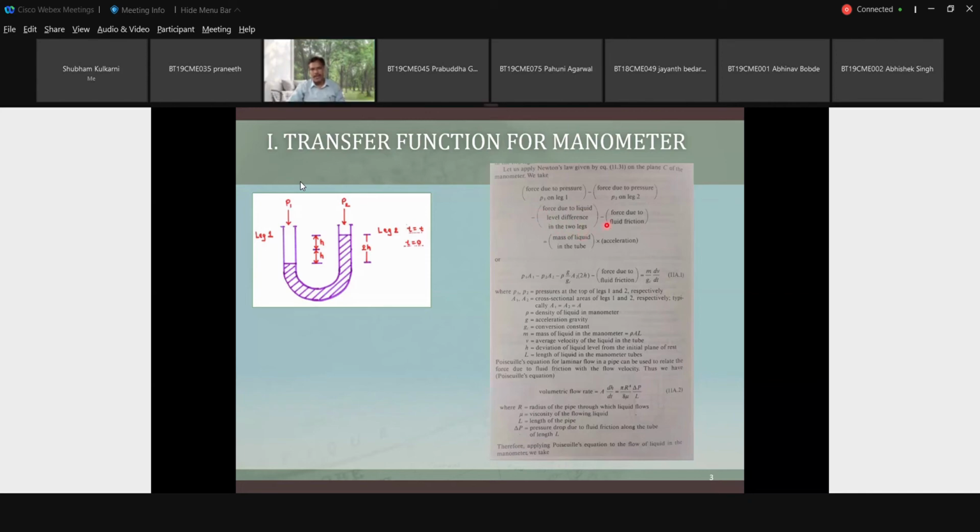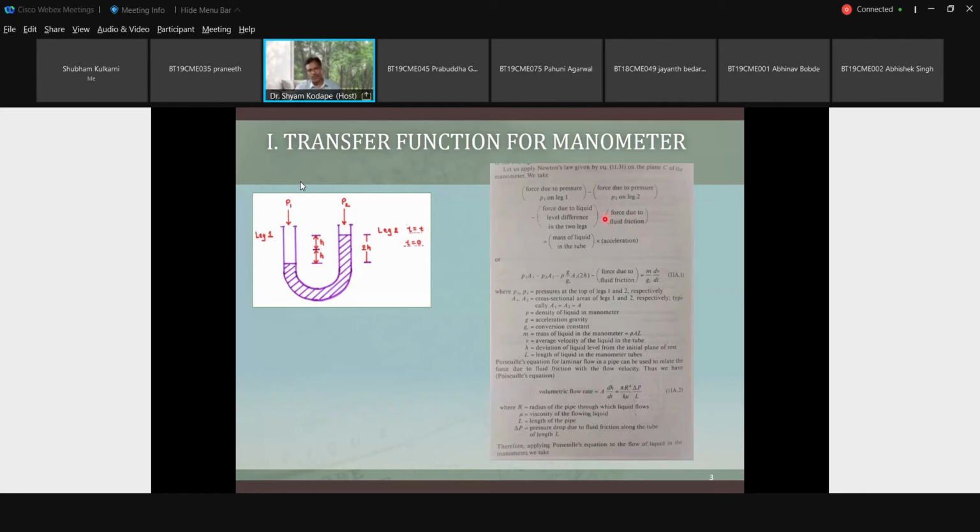Okay. Minus, again negative, means something is in the direction opposite to the flow of liquid. Force due to fluid friction. There is a glass wall in which the fluid is moving, so there is friction between the glass wall and the liquid. That friction itself offers a resistance to flow, which means it is opposite to the direction of the flow of liquid.